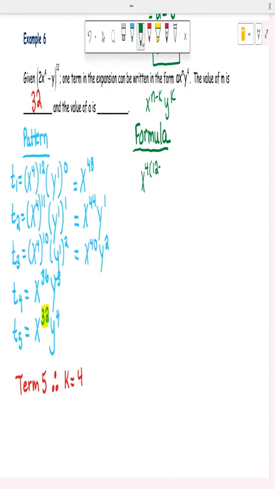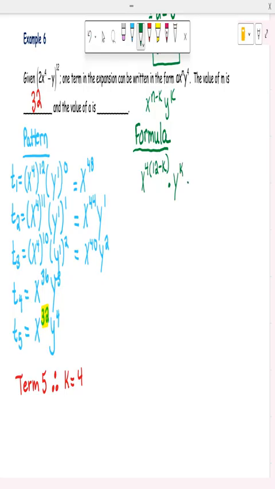Times, what's the base? Don't care about the positive, negative. So what's the base with the exponent in the second term? It's just a y. Right now it has a 1 on it, but then it's being multiplied by k. So can I just say k up here? 1 times k is just k.